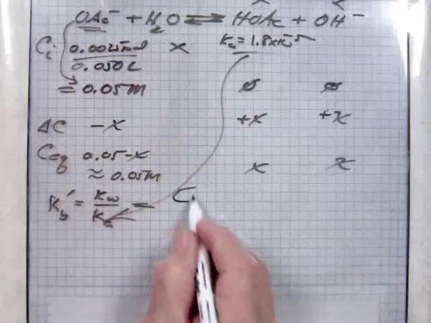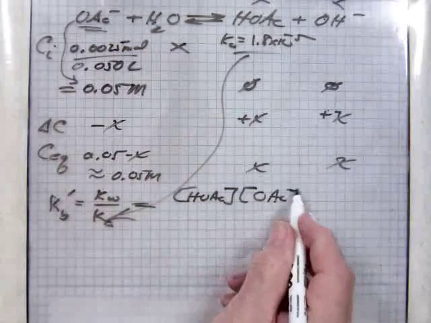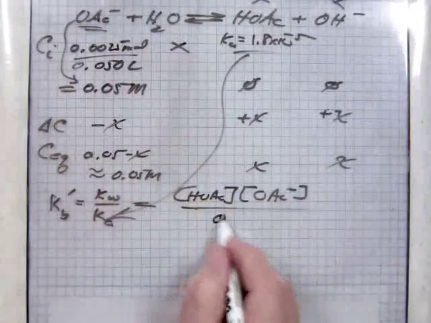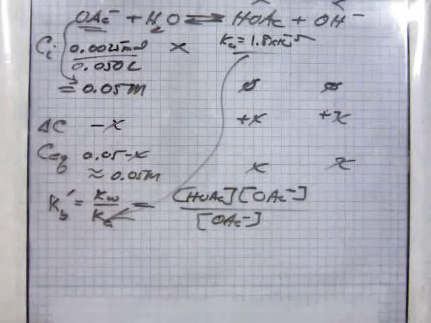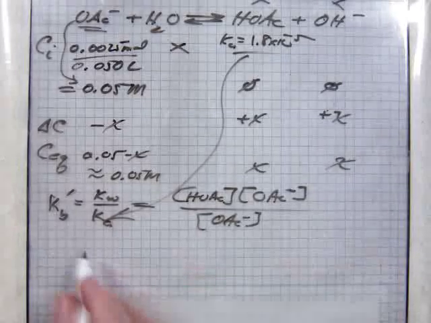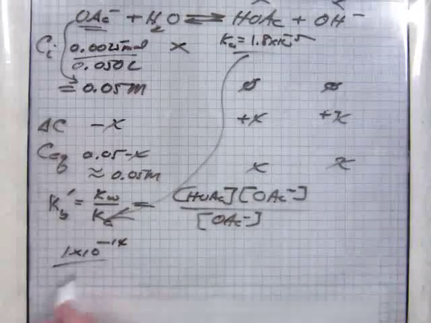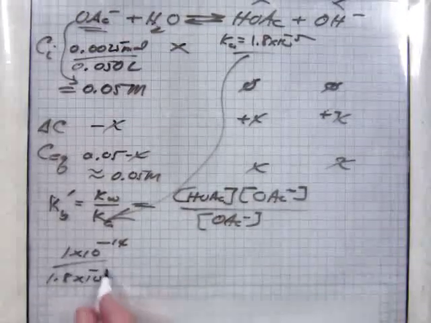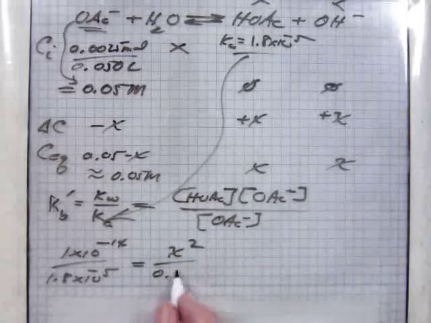So that would be the concentration of HOAc times OH over the acetate ion concentration, or the salt that you have remaining. So then this gives us 1 times 10 to the minus 14 over 1.8 times 10 to the minus 5, and that's equal to X squared over 0.05.